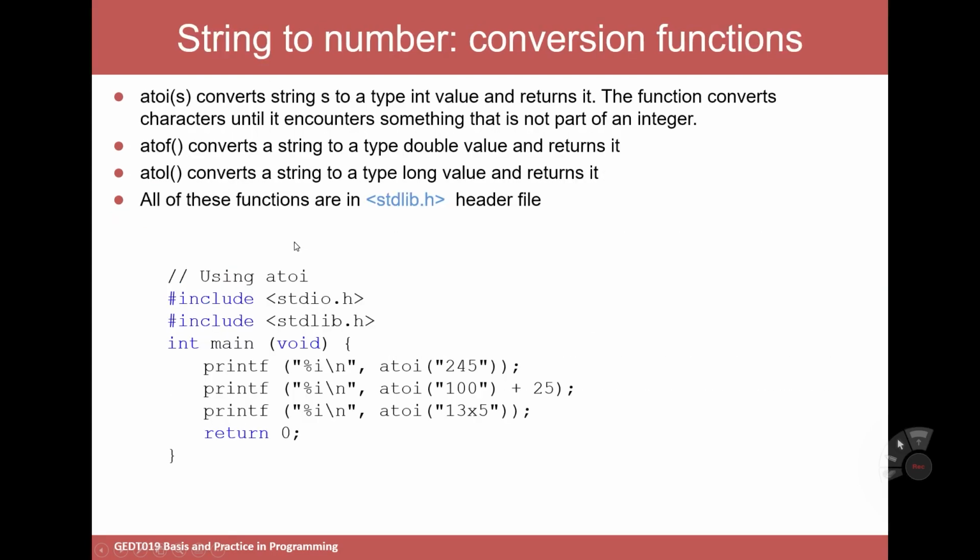Okay, the last thing for the lecture for today is converting a string to a number. I can convert a string to a number using the stdlib library. In this stdlib library, there are functions, like atoi, which converts to integer.